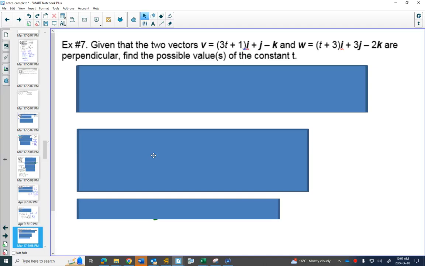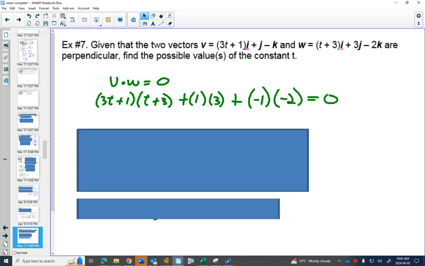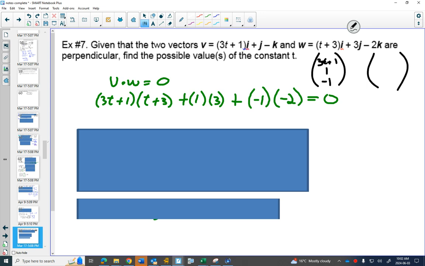Given that 2 vectors are perpendicular or orthogonal, find the possible values of the constant t. Okay, first of all, I'm going to write out both of these vectors. This one is going to be 3t plus 1, and then a 1, and then a minus 1.